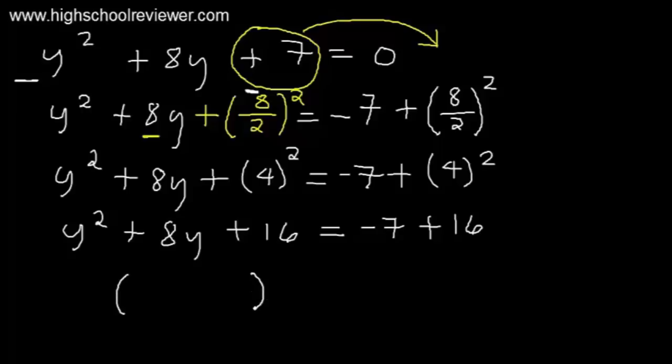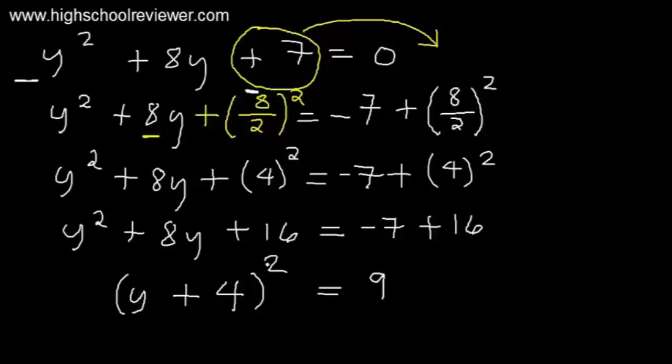To factor this, the factor of y squared as a perfect square will be y, and since this is positive, this will also be addition, and the factor of positive 16 as a perfect square is 4. Then raise the quantity to the power of 2. Negative 7 plus 16 is positive 9.